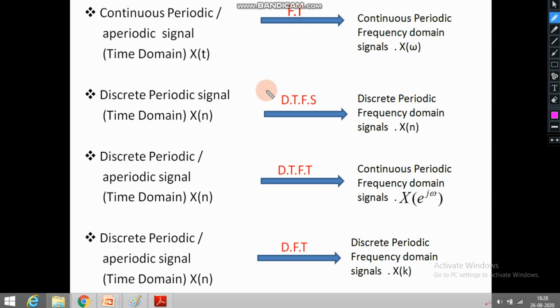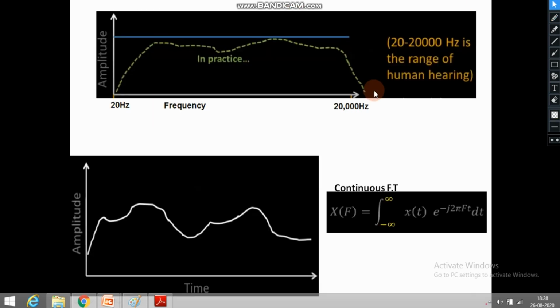Now we can consider the equation of the continuous time Fourier transform. The signal we are dealing with is an infinite signal, given by x of t, and the transformed signal, which is now in the frequency domain, is given by x of f, which is equal to the integral from minus infinity to infinity.